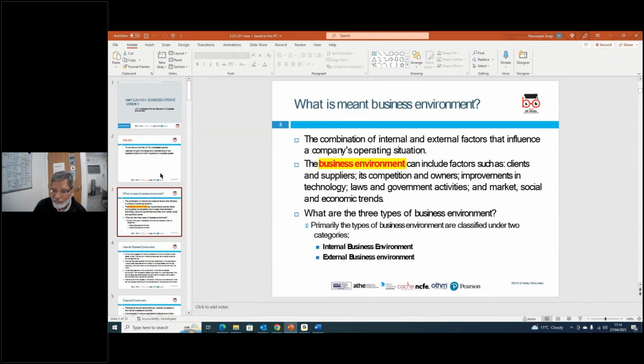The internal consists of, for example, people working in the organization, and external factors are like customers, government activities, economic problems. So businesses are affected by the internal environment and external environment. This is what the environment of a business is.